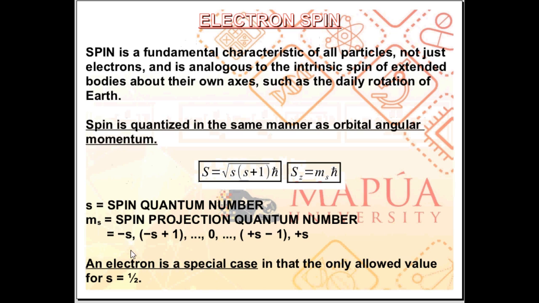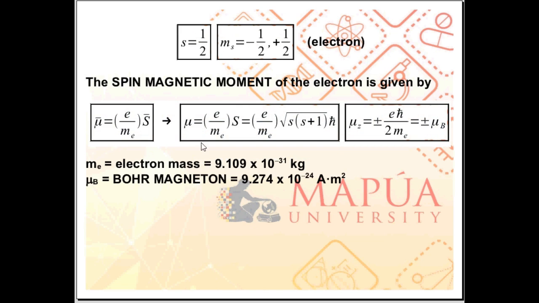Ms is equal to negative s, so negative 1/2, and then negative s plus 1, that's positive 1/2, which is positive s. There's no zero value for ms for the electron. There are only two values for ms, negative 1/2 and positive 1/2.